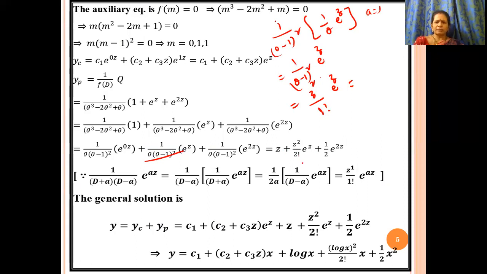So z square by 2 factorial, r value is 2. So z square by 2 factorial into e power z.